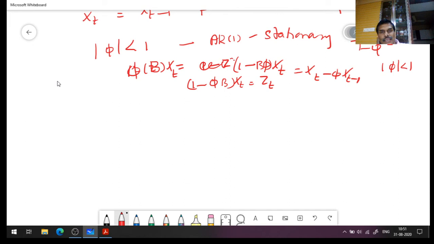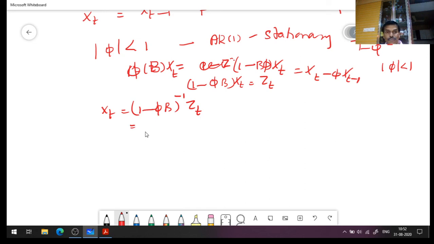If, for example, I now consider Xt = Zt / (1 − φB), this is the Xt expression. So what is happening here is that you are actually considering an infinite linear combination of Zt−1, Zt−2, and so on. Because what is this going to be?